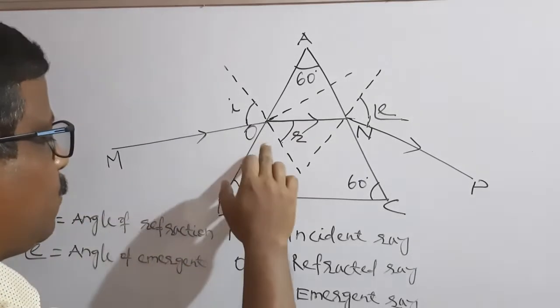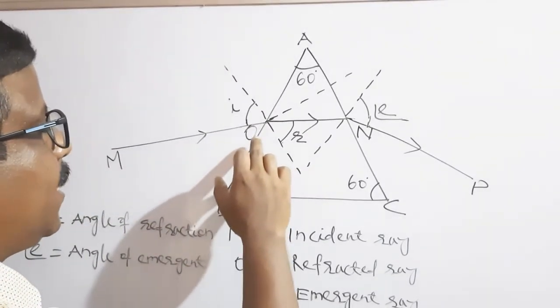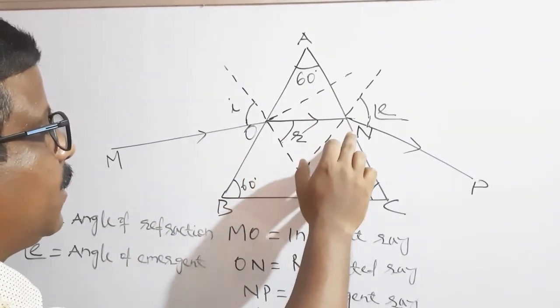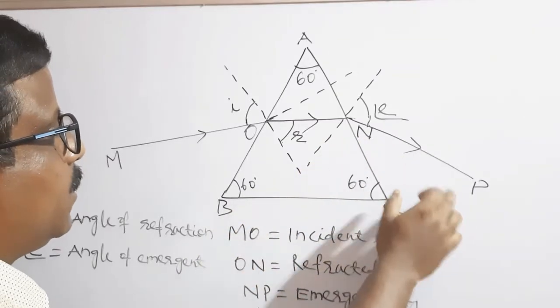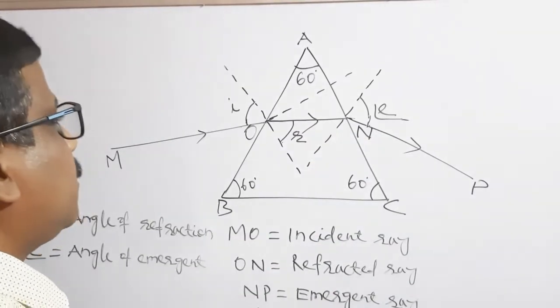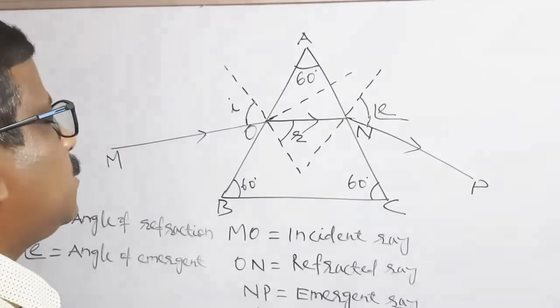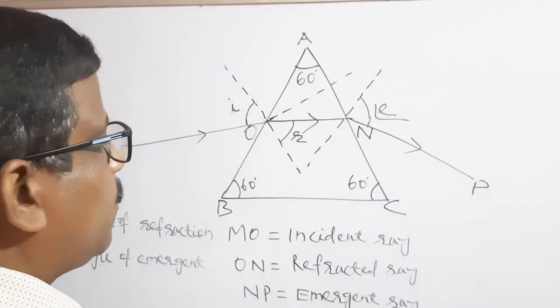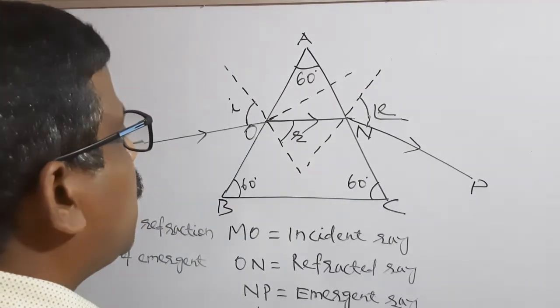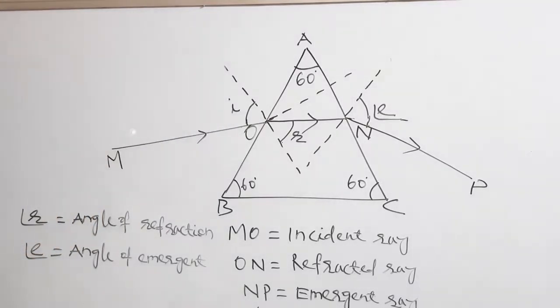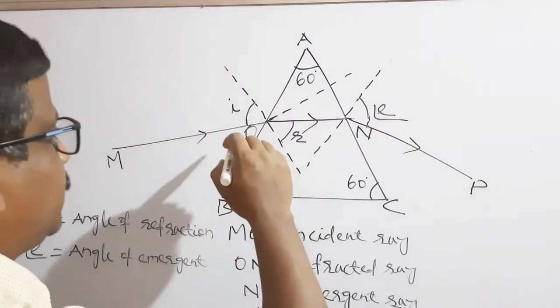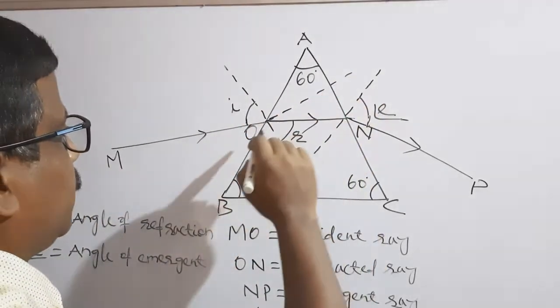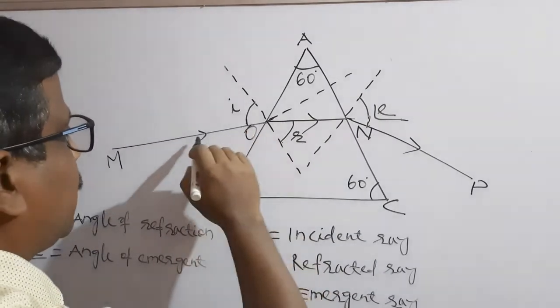And MO is the incident ray, ON is the refracted ray, NP is the emergent ray, and angle A is the angle of the prism. Clear about it? Now if we produce this incident ray forward, in which direction does it go?